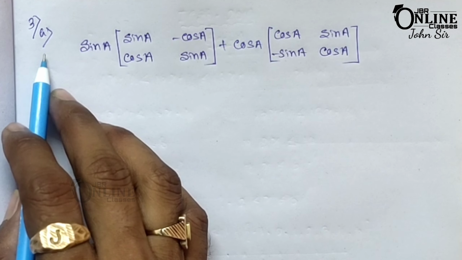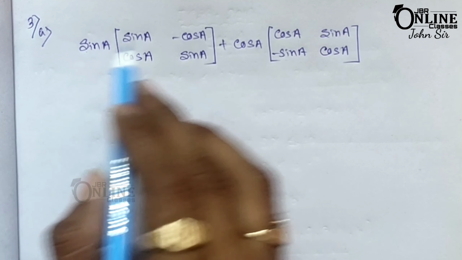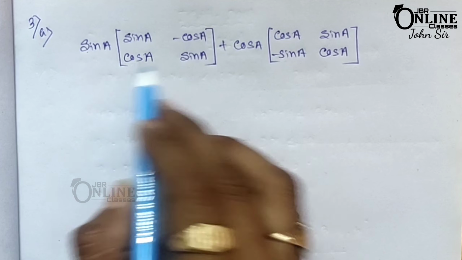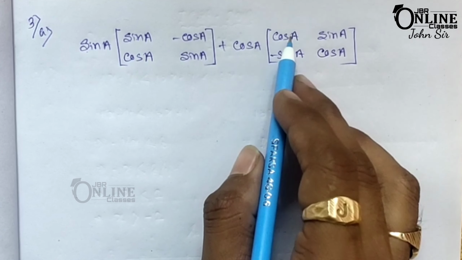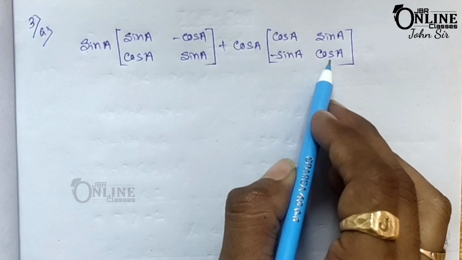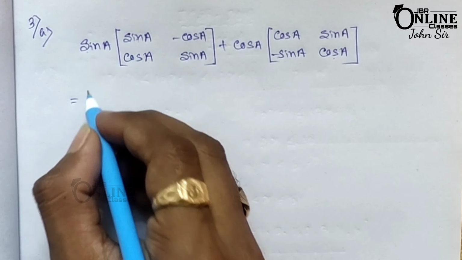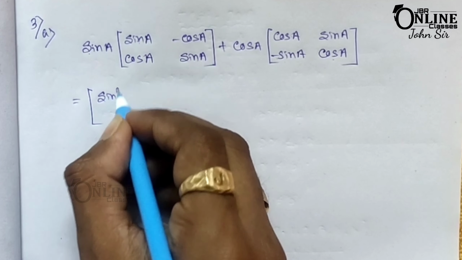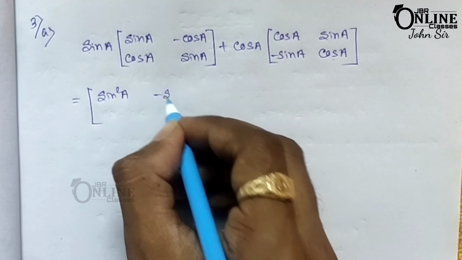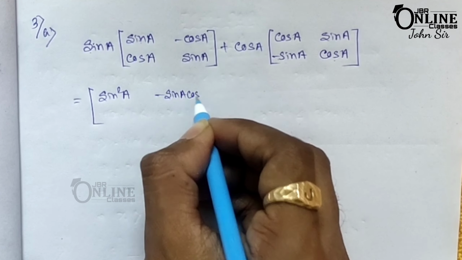Now sum number 3a. Simplify: sin a into [sin a, minus cos a; sin a, plus cos a into [cos a, sin a; minus sin a, cos a]. So first here you have to multiply sin into sin, it becomes sin square a. Then here minus sin a cos a.